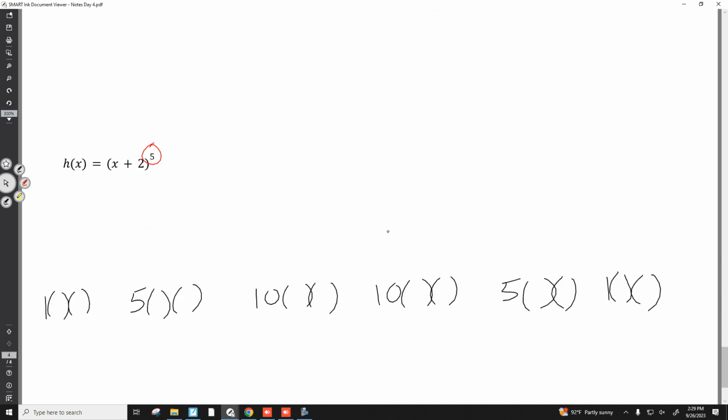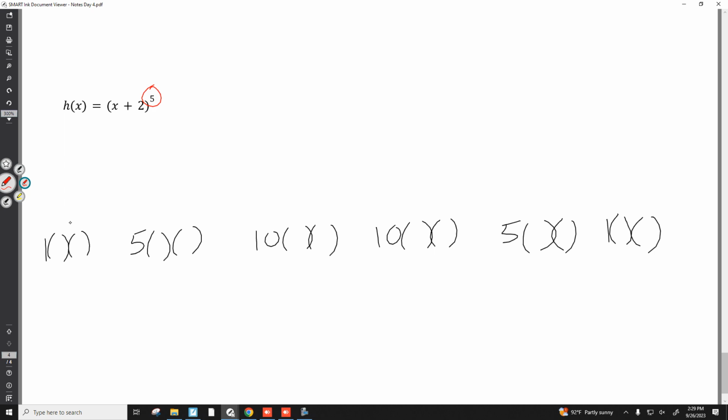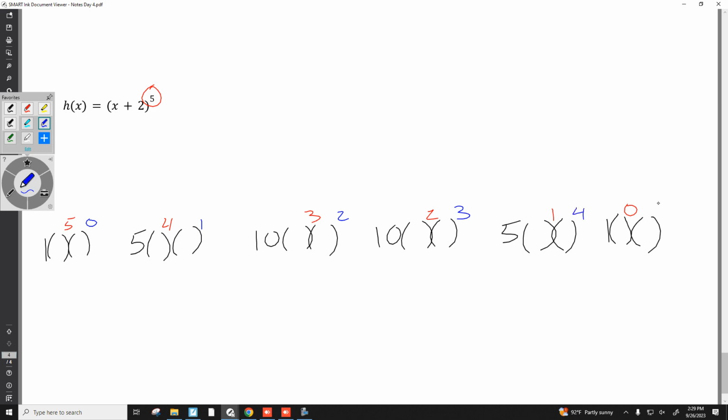Ready? 5, 4, 3, 2, 1, 0. 0, 1, 2, 3, 4, 5. X in the red. 2 in the blue.